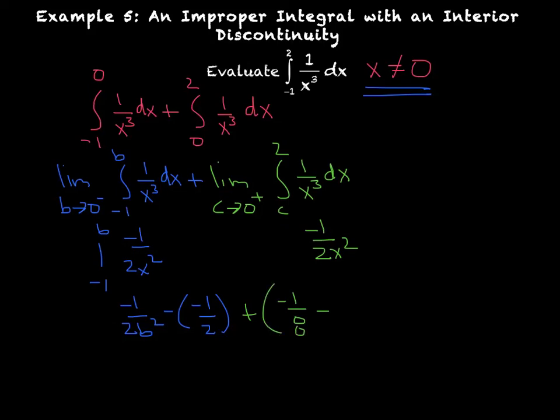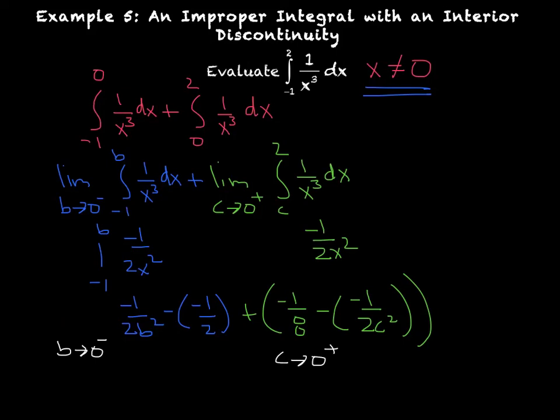And then let's plug in the lower limit of c, and that is going to be -1 over 2c squared. All right, and now we are going to let b approach 0 from the negative side, and then we're going to let c approach 0 from the positive side.